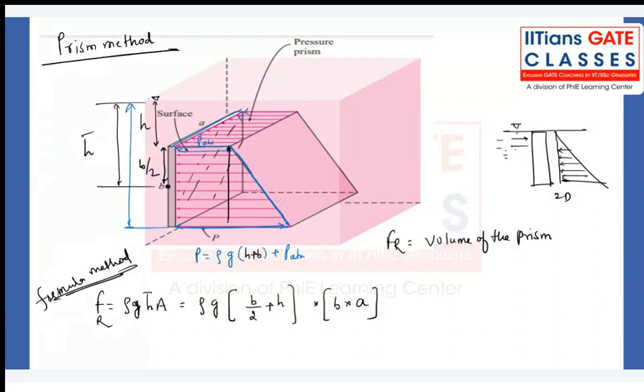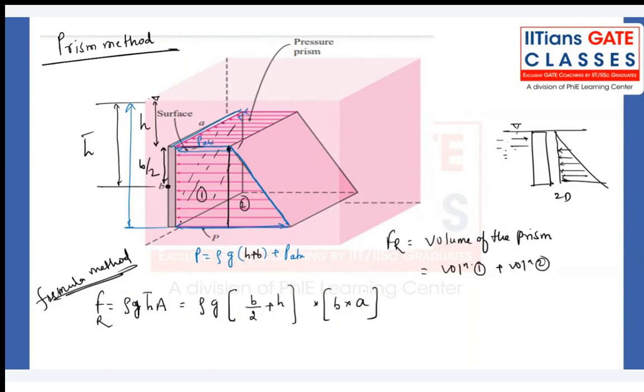This particular prism is made up of two things: one this one, and second this one. You try to calculate volume one and volume two. Volume one plus volume two. Neglect the atmospheric pressure, or if you do consider it, then what can you write, my dear friend? Tell me, guys. What is this pressure?